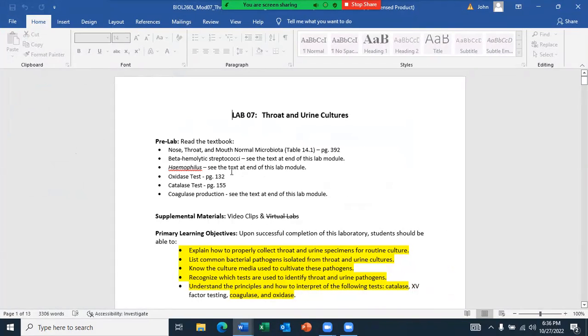You should read about Haemophilus, that is also in the text at the end of this lab module. You should read about the oxidase test, and that you can get from page 132 of your textbook, and the catalase test, page 155, and the coagulase test. There's some text at the end of this lab module.